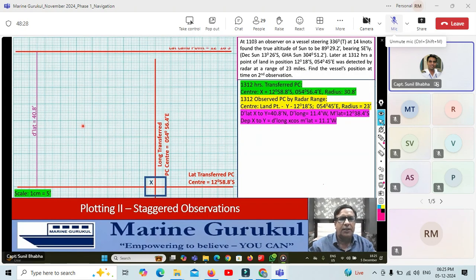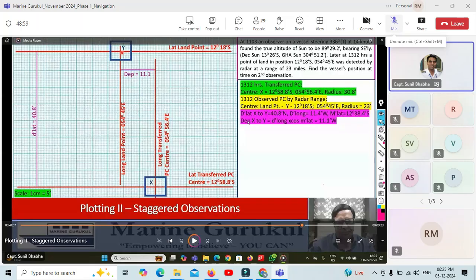We mark off the D-lat and we get the latitude of point Y. Likewise, we can mark off the departure from X to Y and get the longitude of point Y, and where it intersects here is the point Y, and this point Y is going to be the center of the position circle, which is by radar range. Any doubts up to here, beta?